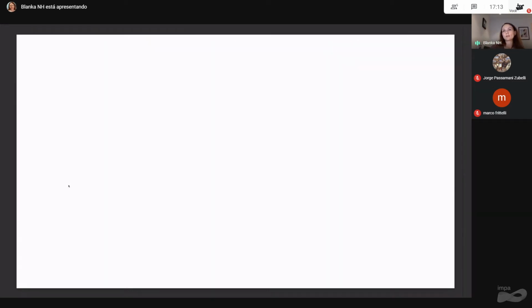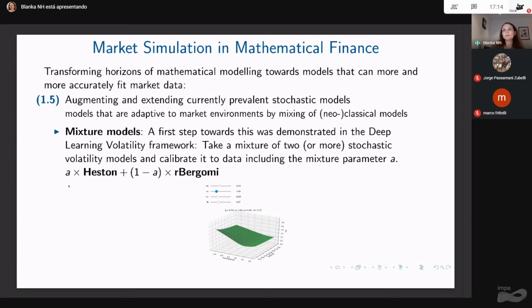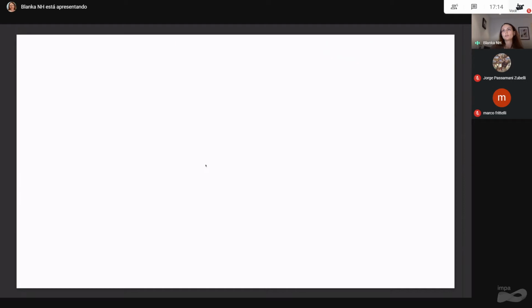One of them we have explored in the deep learning volatility paper, but I am conscious of the time, so I do not want to go into this too much. The background idea here would be a mixture model between two models, let's say a Heston and a Bergomi, which is simple, but there are much more sophisticated versions of doing so.